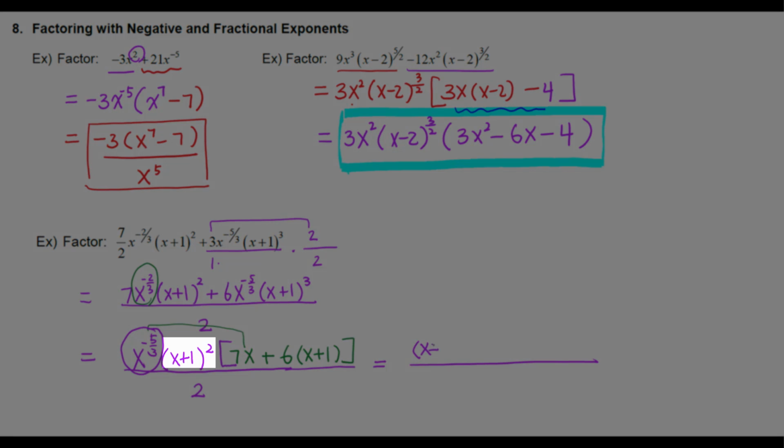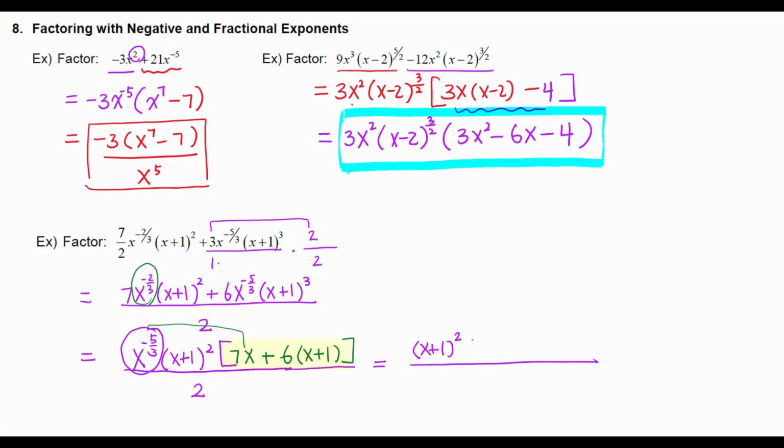So I have (x plus 1) squared, and if I clean up the bracket, I get 7x plus 6x plus 6 over 2 times x to the negative 5/3 power comes down, it becomes positive 5/3 power. So my final answer is (x plus 1) squared, 13x plus 6 over 2x to the 5/3 power.